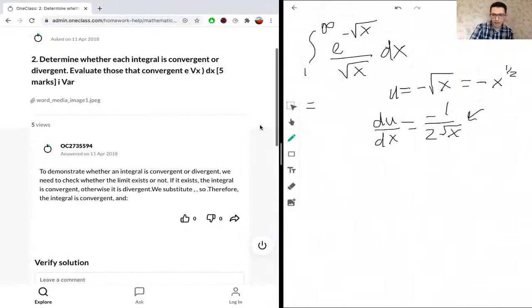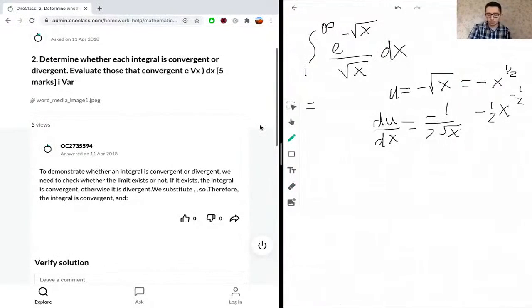So we subtract 1 from a half, and that gives us x to the negative a half, and then we multiply by the half in front, and we end up with negative half x to the negative 1 over 2.